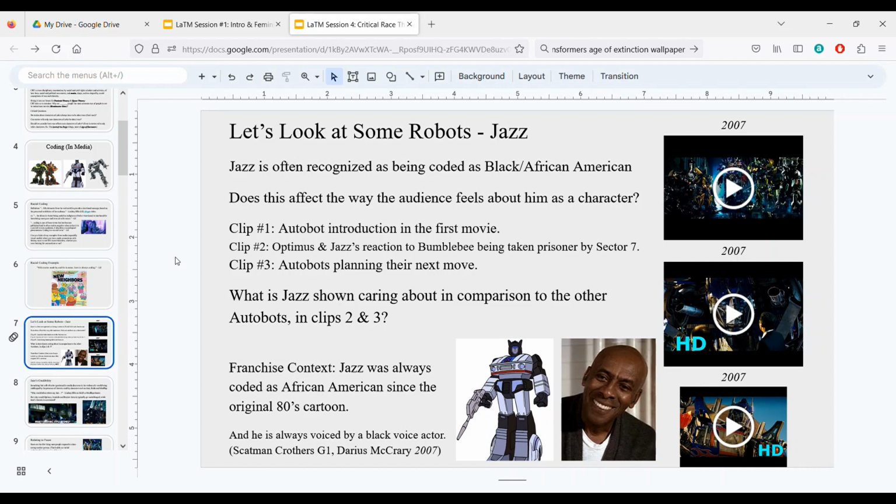He is the one saying, "Hey, we got to go save Bumblebee, Optimus. You keep talking about trying to get to the Allspark, but we got to prioritize saving our friend." So I'm thinking, does his coding as Black or African American have any effect on the audience? Does it make us see him a certain way? Go ahead and signal me if this is too uncomfortable of a question.